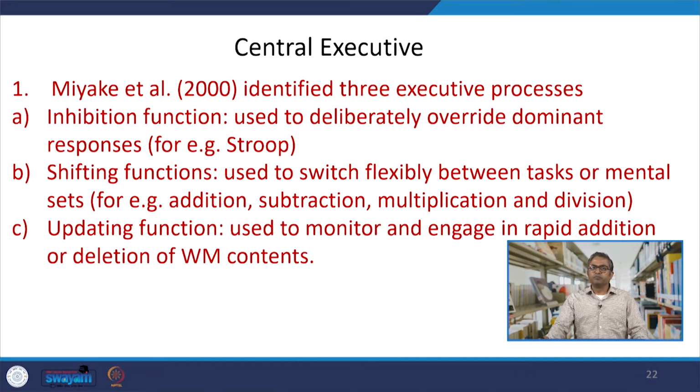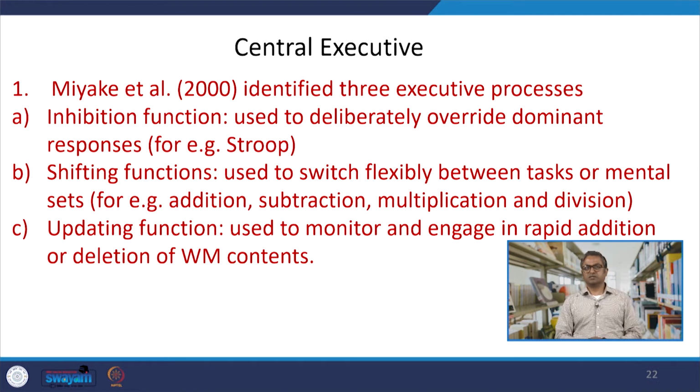So here you use the system to override the dominant responses. It's the Stroop task. Second is the shifting function. You shift your attention. Cognitive flexibility: how flexible you are cognitively.